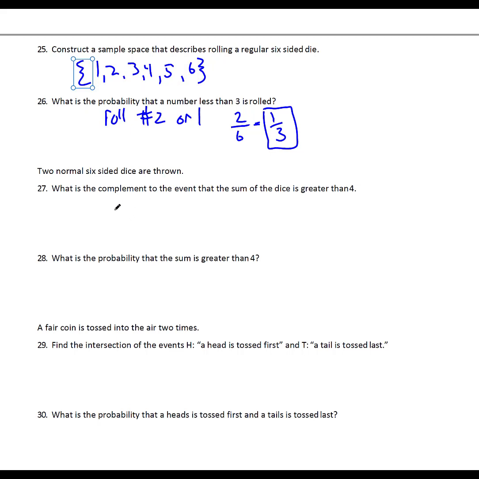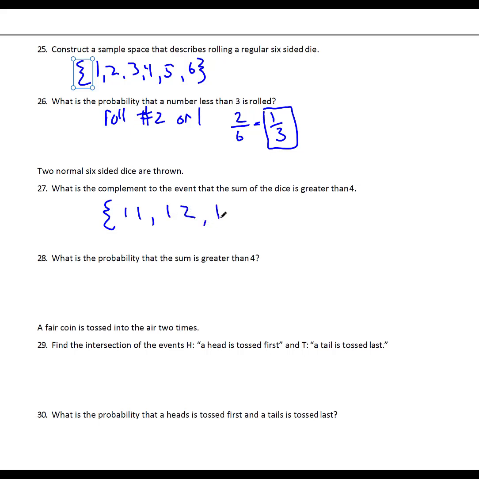Now we're looking at 2 normal 6-sided dice being thrown. What is the complement to the event that the sum of the dice is greater than 4? So on this one, you're looking at what is less than 4. In other words, you could roll a 1 and a 1. You could roll a 1 and a 2.